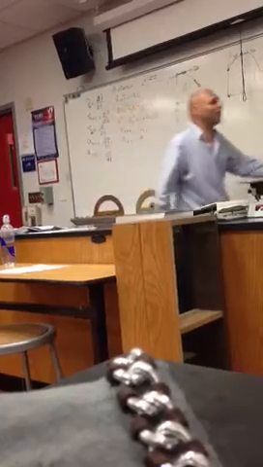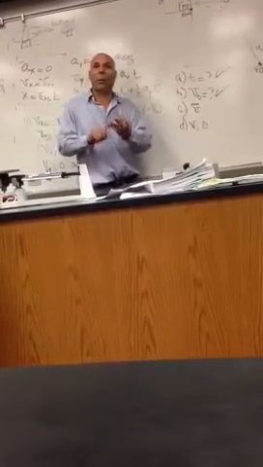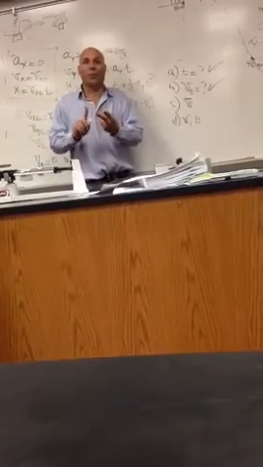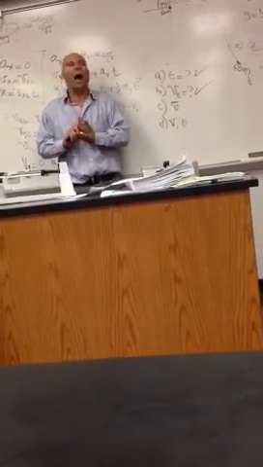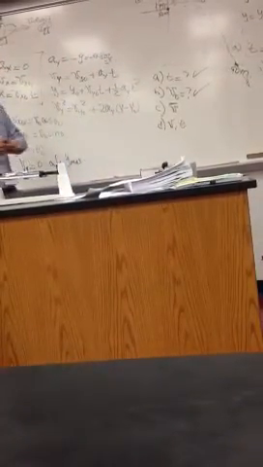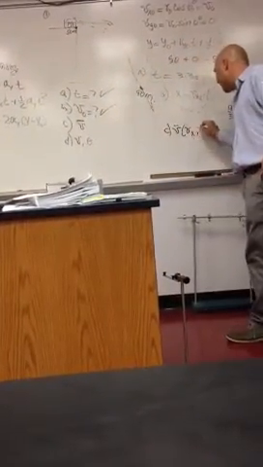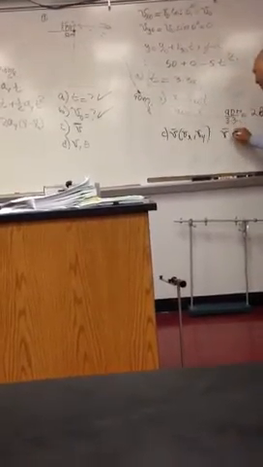In order to find V at the end, we need either the x and y components or magnitude and direction. But to find the magnitude and direction, I need to find the rectangular components first. In order to find V, I need to find Vx and Vy. This is the velocity vector.